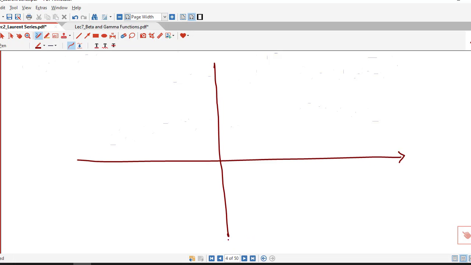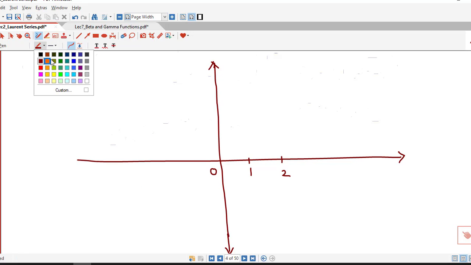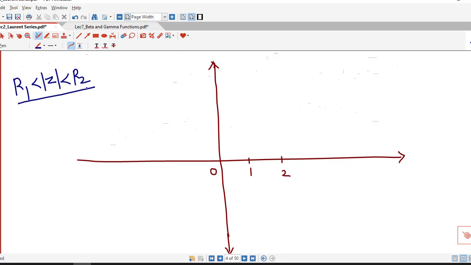Suppose this is the complex plane. The function is not analytic at z equal to 0; suppose this is z equal to 0, this is 1 and this is 2. The function is not analytic at these 3 points 0, 1 and 2, and the center of the Laurent series is 0. So we are interested in annular domains in which the function is analytic.